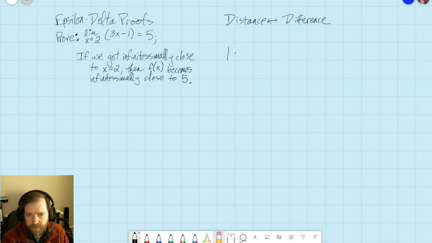So when we see stuff like x minus a, this really says that... No, hang on. Back up. Absolute value x minus a is equal to some... let's just call it m.